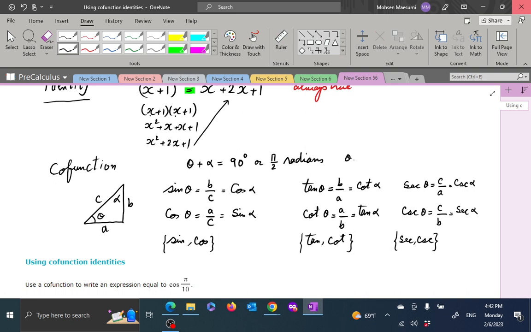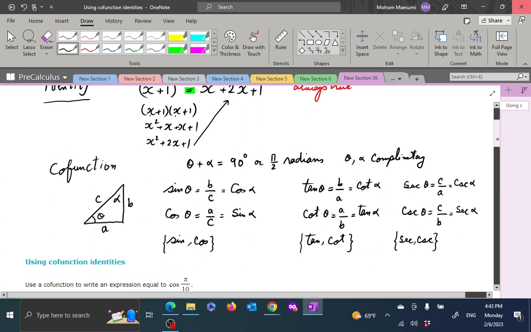So here we say theta and alpha are complementary, and what we get here is the relationship between a pair of cofunctions at a pair of complementary angles.